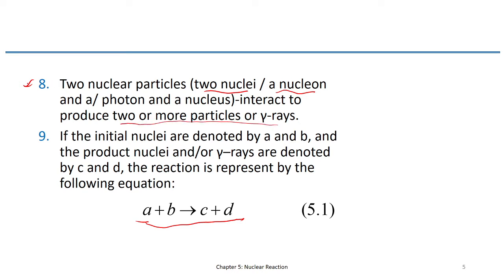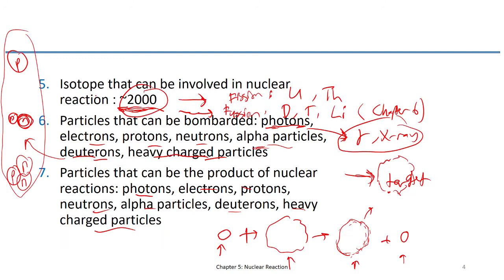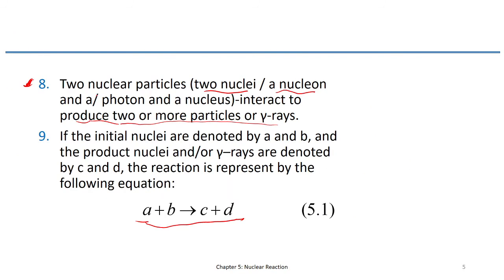This statement sounds complex, but to visualize this: two nuclei, a nucleon, or a photon and a nucleus interact to produce two or more particles or gamma rays.